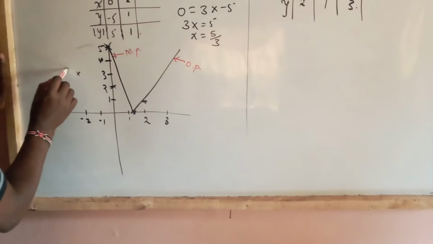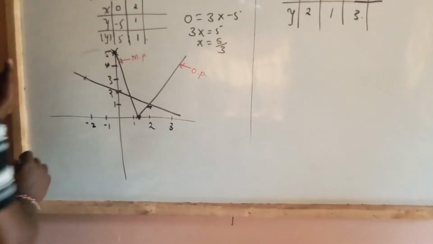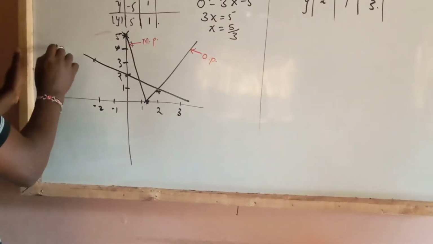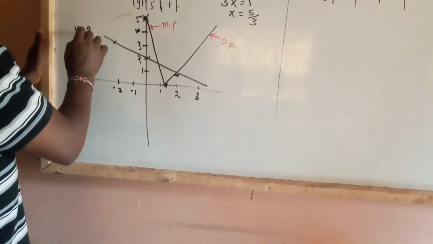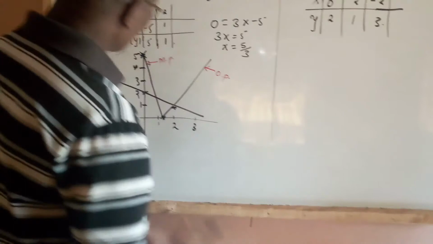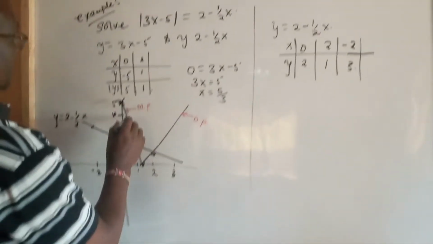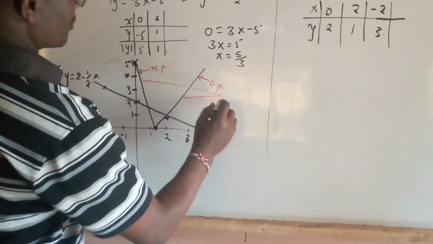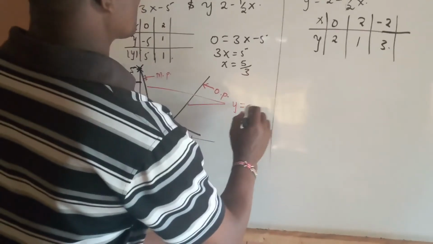So we have a straight line, the line y = 2 - (1/2)x.